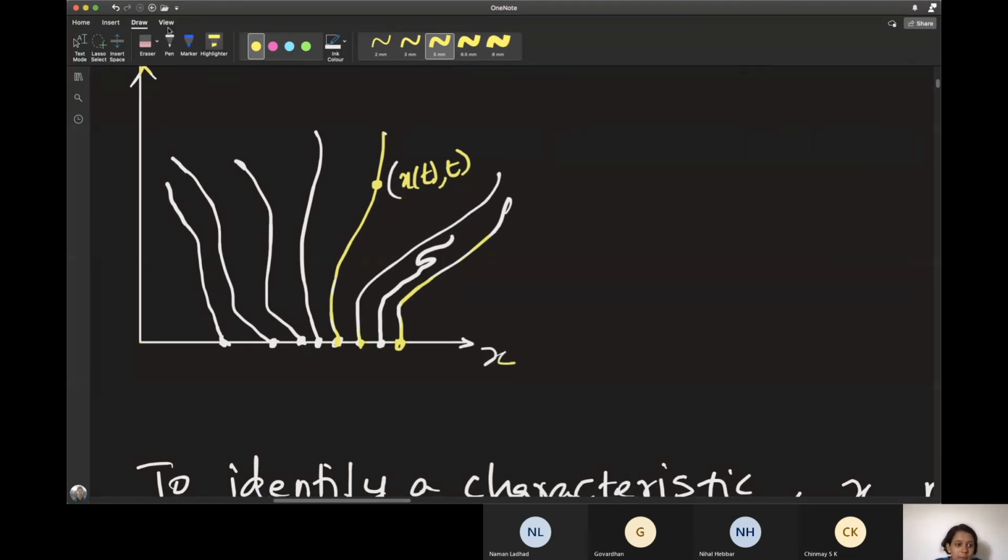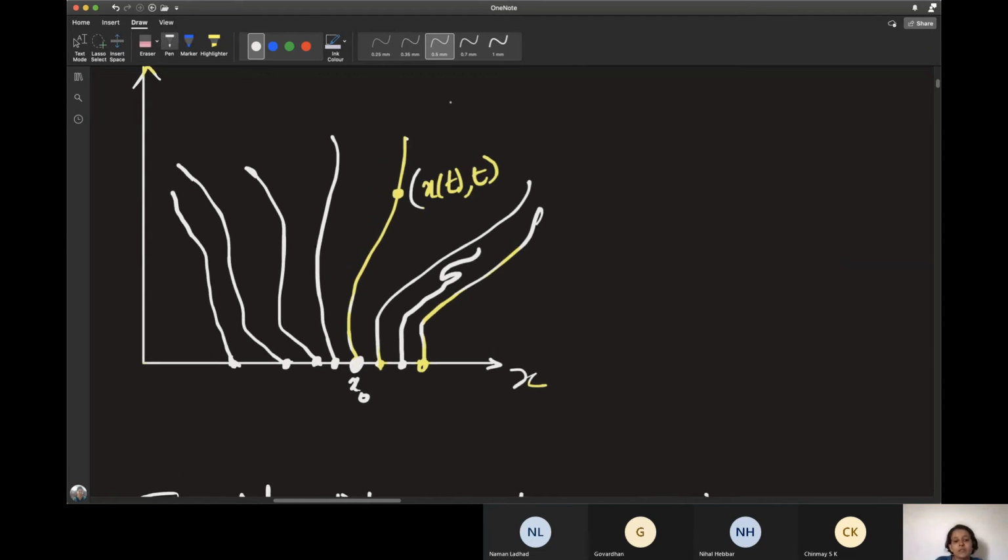And this is the x naught that we have identified. At this x naught, this is the initial condition, right? So your u naught will be specified at this point. So you will have some u naught at this x naught, equal to u of x of 0 comma 0.